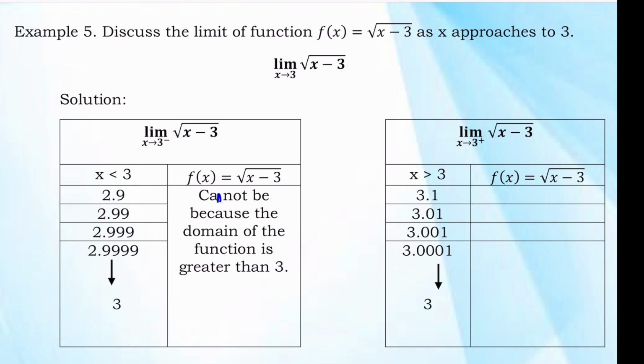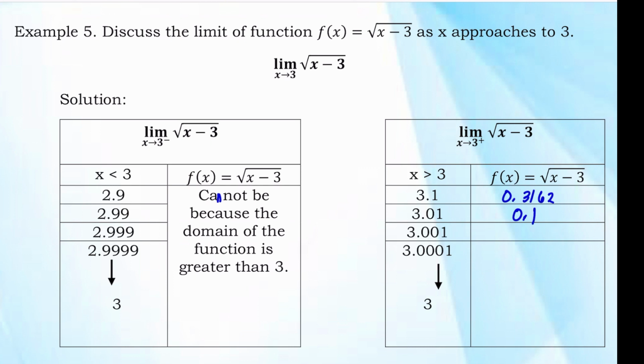But if we're going to use numbers after positive 3, on the right side of 3, we have 3.1, 3.01, 3.001, and 3.0001. We're going to evaluate the function using these values. If we use 3.1, the value of the function will become 0.3162. Next, 3.01, the function will become 0.1.